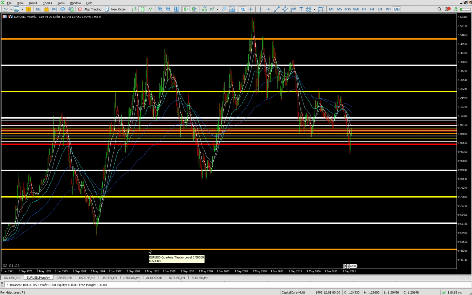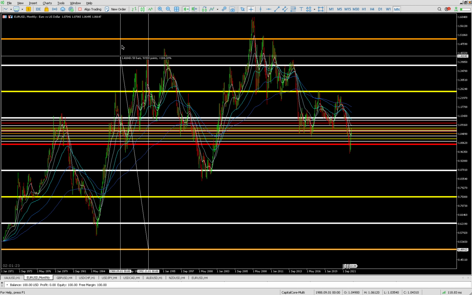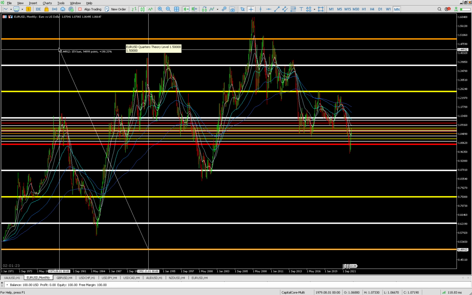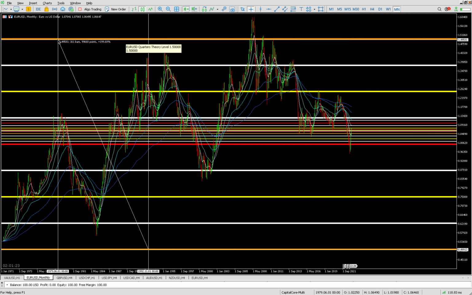So actually what we have here is essentially 100,000 points between these two points. You see that number there on this moving thing here, the data window here? That's 100,000 points.